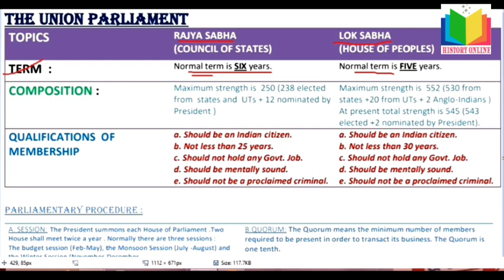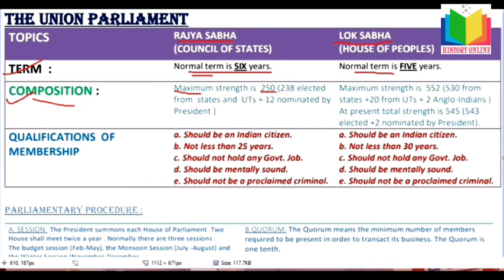And in Lok Sabha, according to the Constitution, the term is 5 years. However, it can be dissolved before the expiry of its normal term by the President on the advice of the Prime Minister. Okay, the next point is composition. It's very important. In Rajya Sabha, the maximum strength is 250.